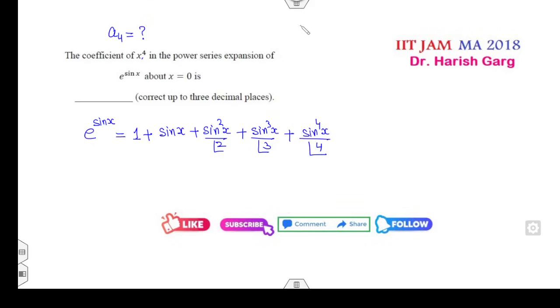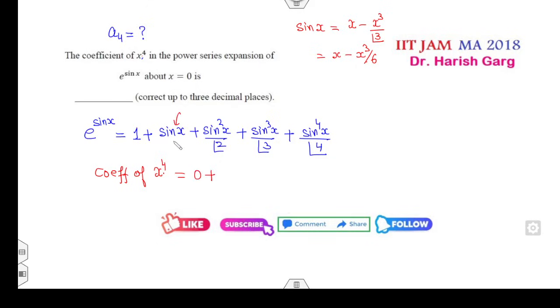Fine. Now you can write the sin x series up to x raised to power 4, x minus x cube by 3 factorial only. This is what will come. Fine. Now you can equate the coefficients. What is the coefficient of x raised to power 4? In the first term, none will come.